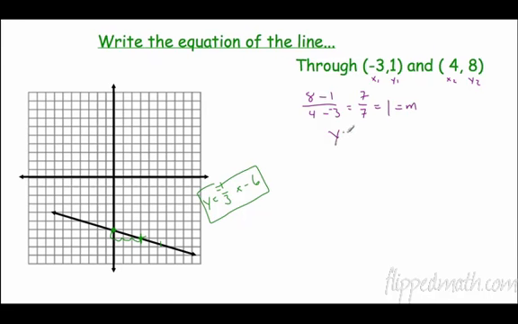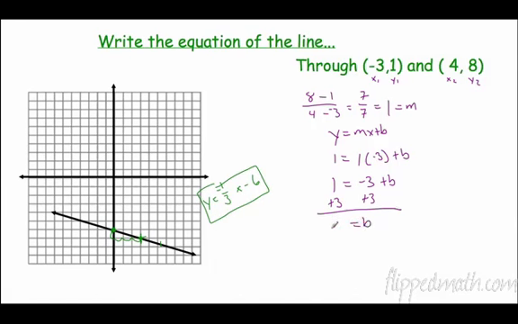And remember our equation, y equals mx plus b. All right, so we can do either one of these. I'll use the first one. So my y is 1, my m is 1, my x is negative 3, plus b. 1 equals 1 times negative 3, which is negative 3. Opposite of minus 3 is plus 3.